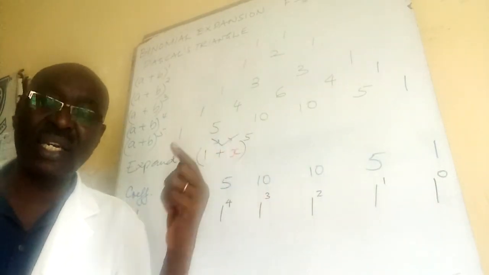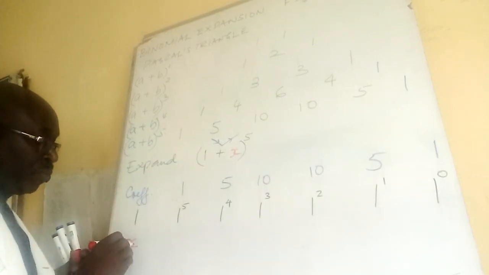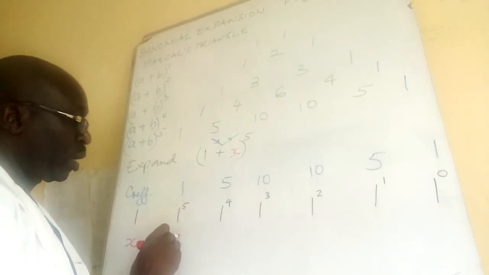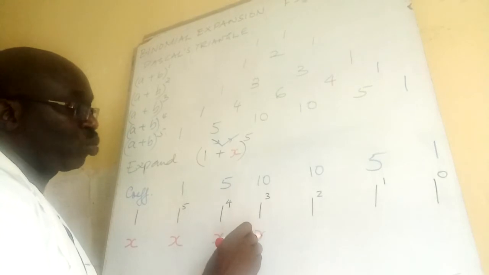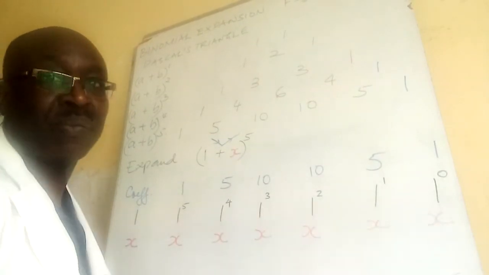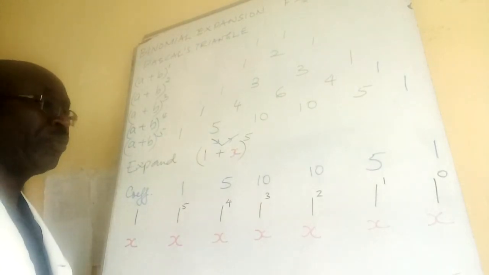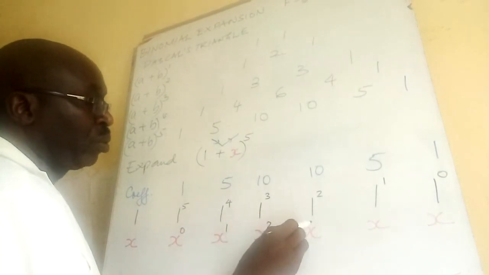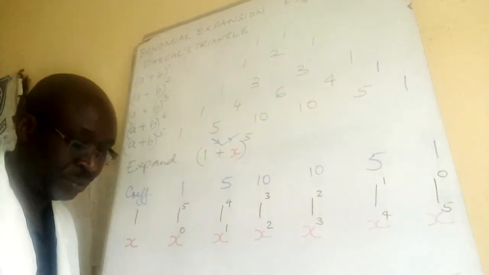This second term, which is x, the powers are going to increase from minimum to maximum. Minimum to maximum. So what do I mean? Minimum is 0. Then 1, 2, 3, 4, 5.